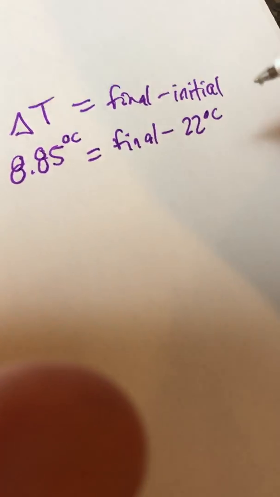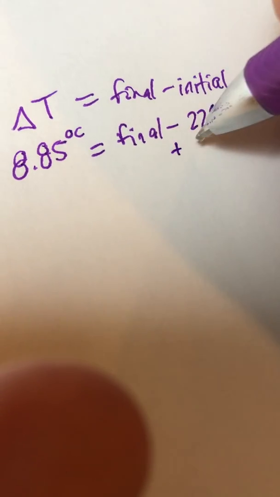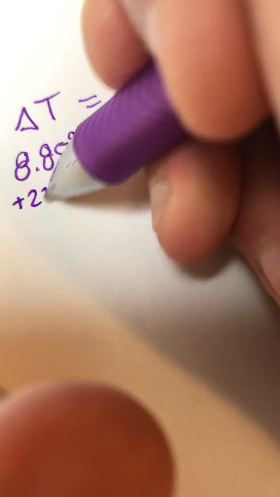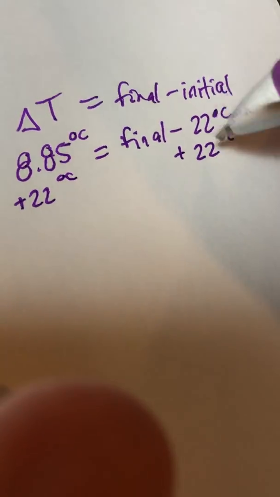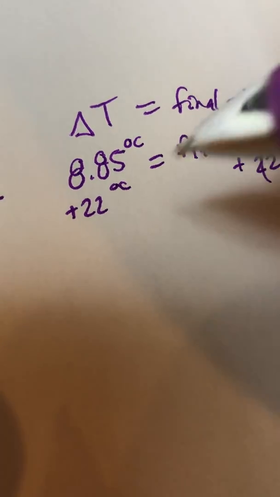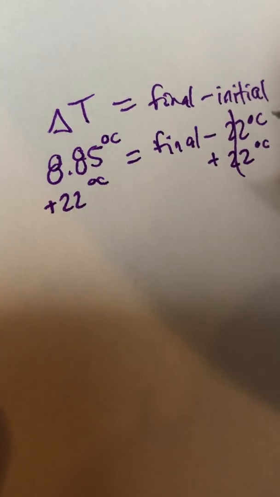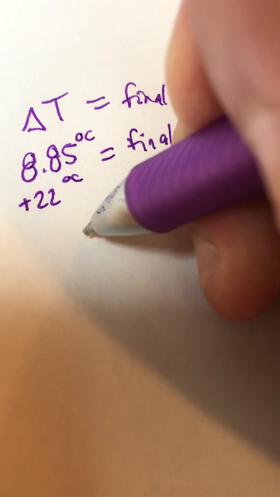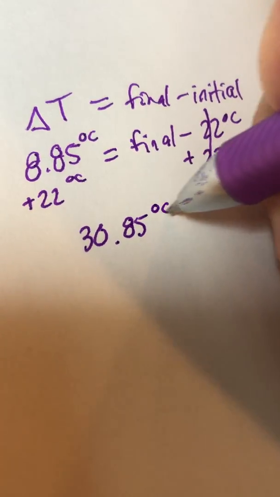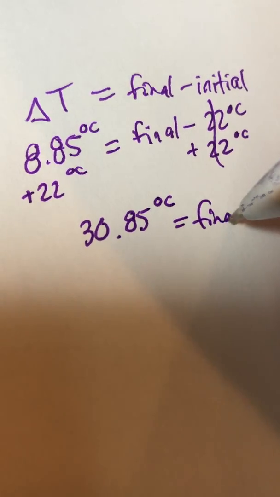Now I want to isolate final by itself. In order to do that, you do the opposite operation. We're subtracting, so we're going to add 22 to both sides so we can cancel out. And when you do 8.85 plus 22, you should get about 30.85 degrees Celsius, which is equal to our final temp.